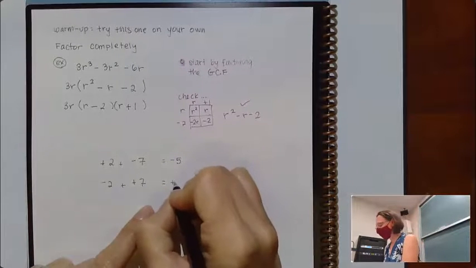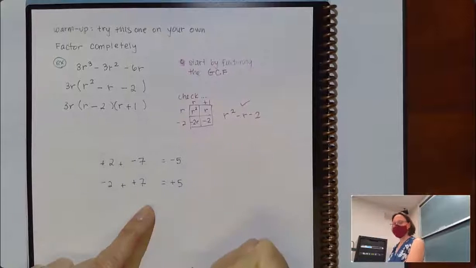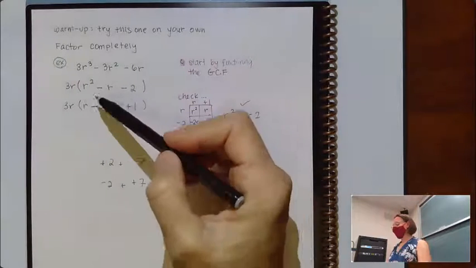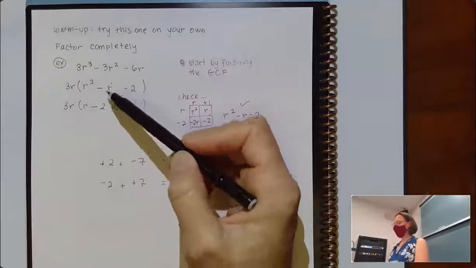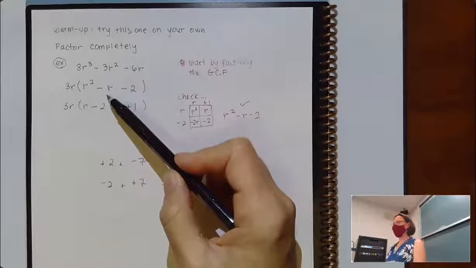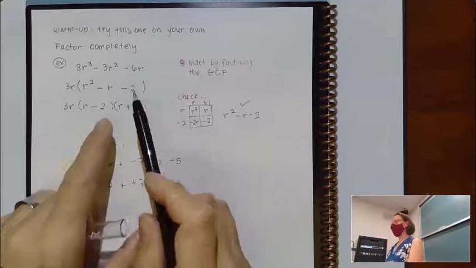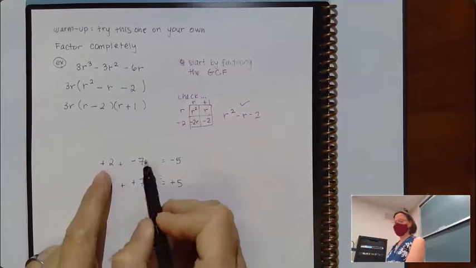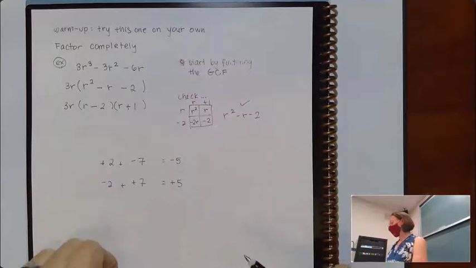So this is going to be a positive 5. So when I'm thinking about this, I know that that negative r is going to come from adding two things together. And because it's negative, whichever of the things is larger in magnitude is going to have to be the negative number.